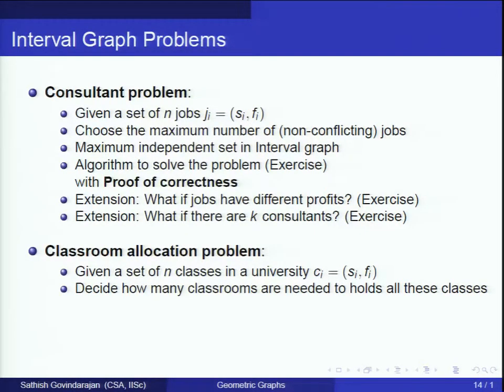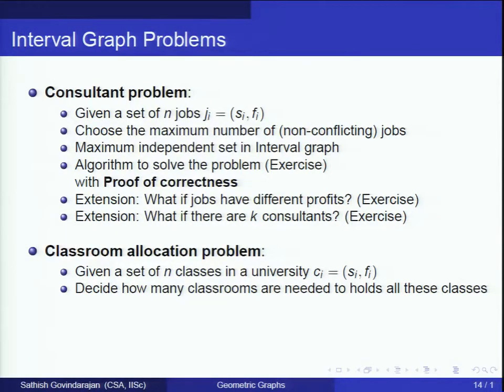Yes? What is the depth? So one thing he has observed is the depth of the set of classes, meaning at any particular point of time, what is the maximum number of classes which will be happening at that point?